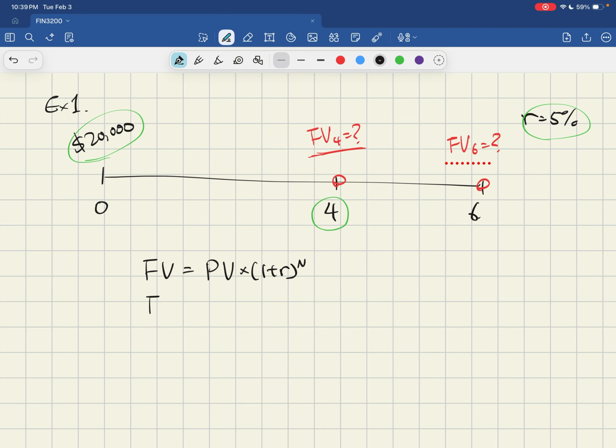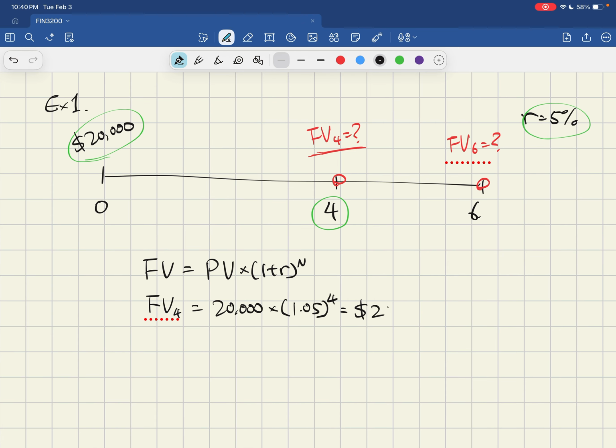And the future value of the car in year 4 is then 20,000 times 1 plus the R, 0.05. So 1.05 to the 4th power. Okay. And if you use your calculator, it's 24,310.13.